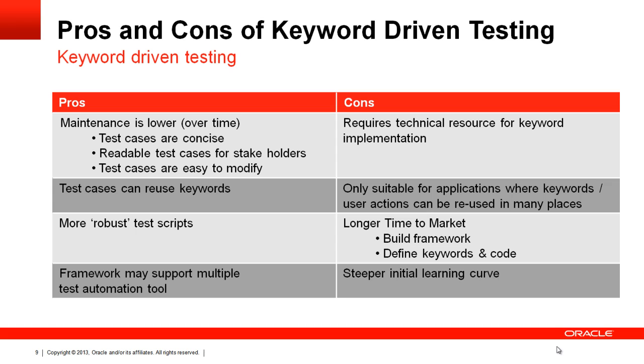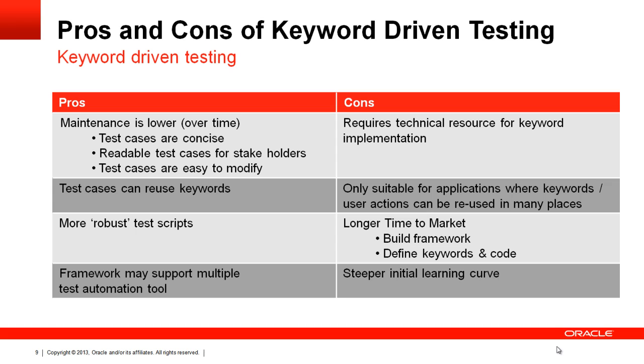And the test cases are also, in most cases, very easy to modify. You can reuse keywords, and if implemented well, the test scripts tend to be more robust. If the framework allows you to, it may also support multiple test automation tools.